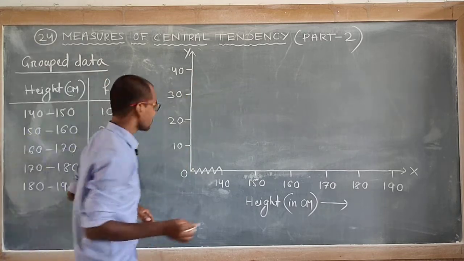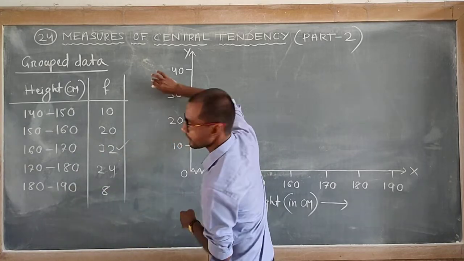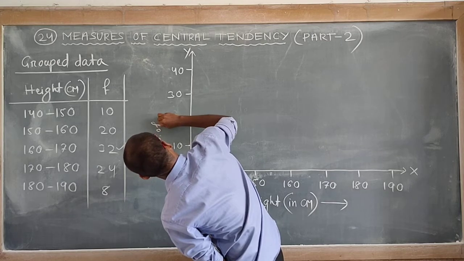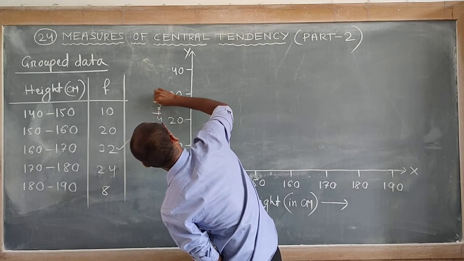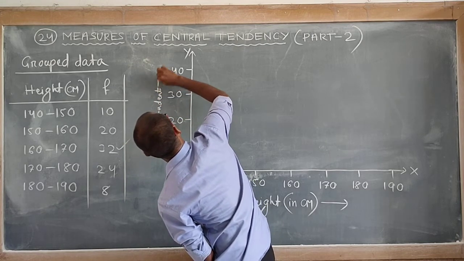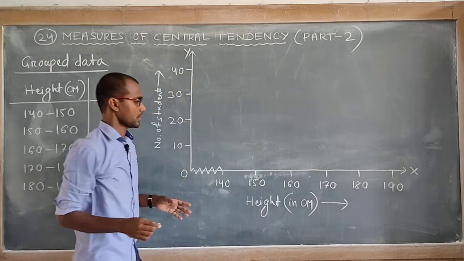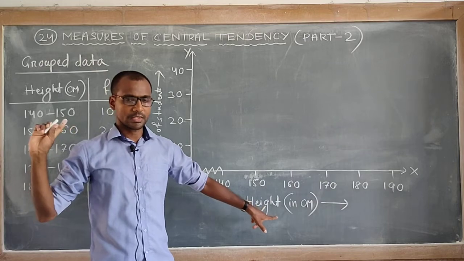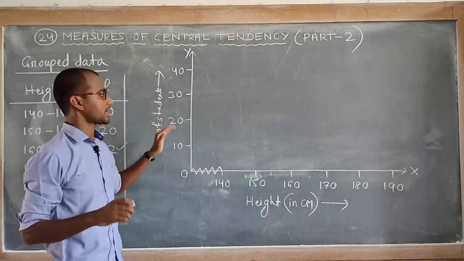Here frequency, or number of students. So x-axis is height in this case, and y-axis is frequency.